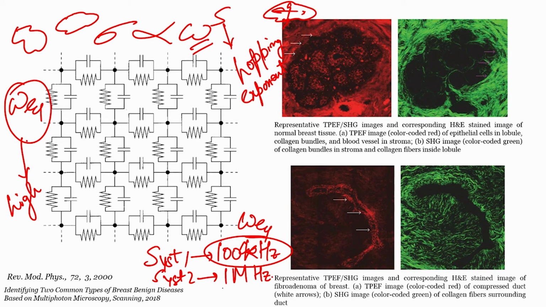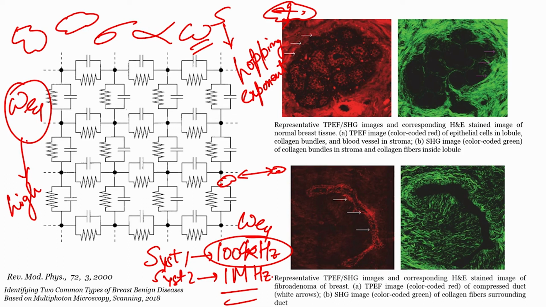Whereas in the case of system 2, where the onset frequency is 1 megahertz, the correlation length, or the separation between two conducting islands, is very small, or it is highly conducting. So this is the answer we got. For highly conducting systems, the onset frequency will be higher compared to lower conducting systems if it is a disordered system as a whole.